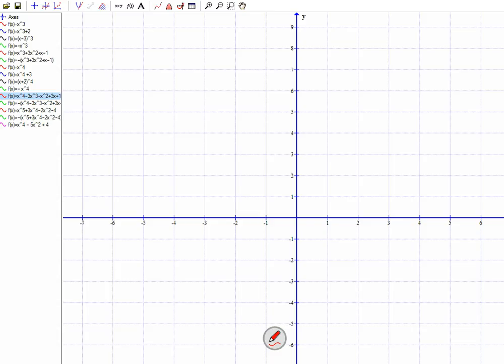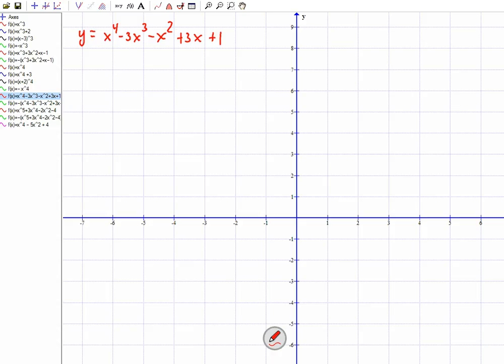All right, the next one is y equals x to the fourth minus 3x cubed minus x squared plus 3x plus 1. Again, it's on your paper, it's in your notes. So we look at the lead term, and the lead term's positive, so we expect this thing to end up heading to positive infinity.